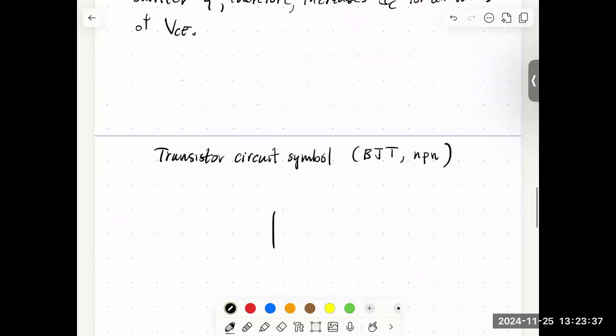The circuit symbol looks like this. This is a 3-terminal device. There's the base, a collector, and an emitter. The way they distinguish the collector from the emitter is there's a little arrow on the emitter terminal. And so this is NPN.